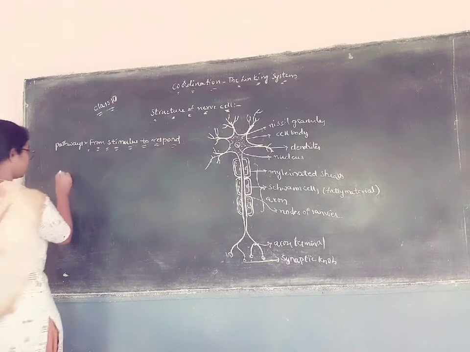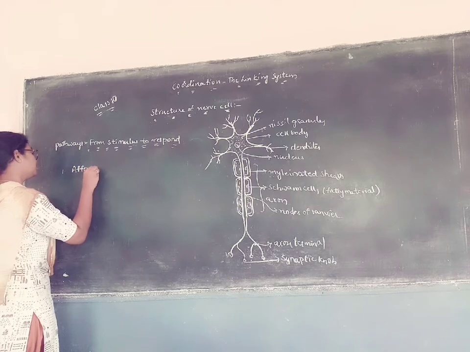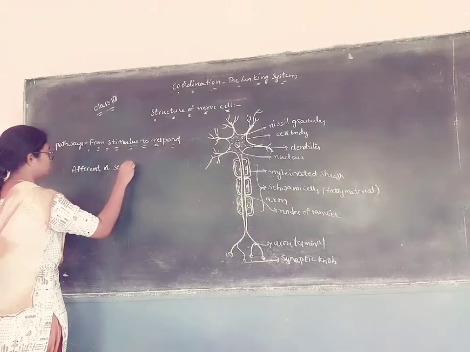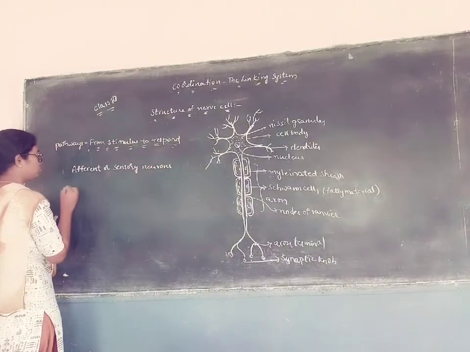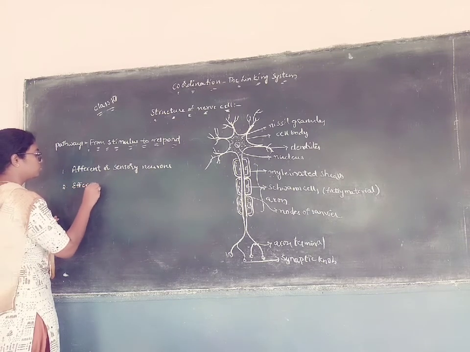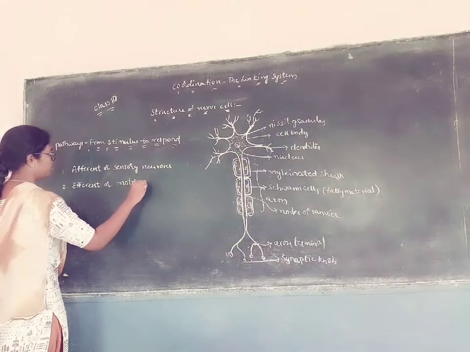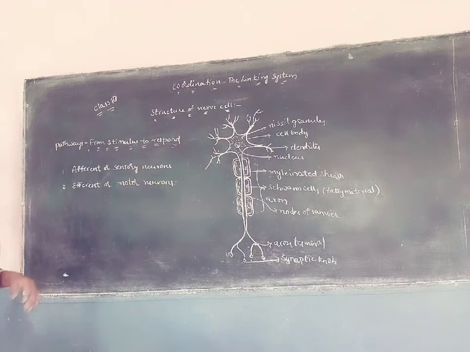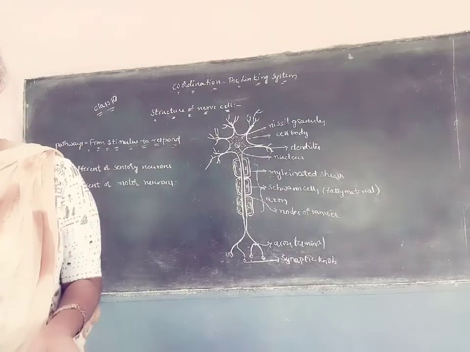So afferent neurons are sensory neurons and efferent neurons are motor neurons.